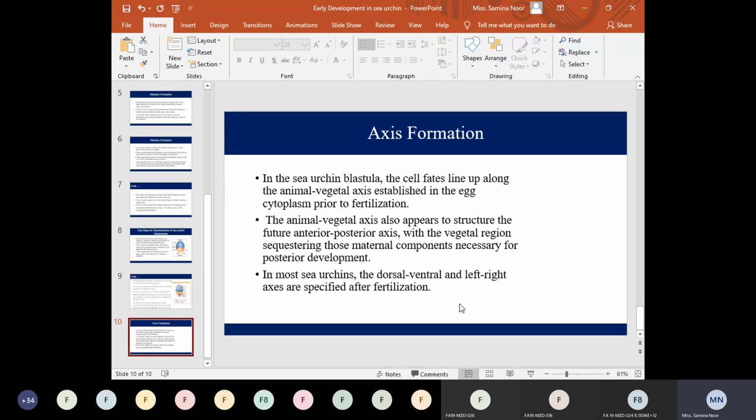Okay, and such determinant molecules are also known as patterning molecules, or cell fate determining molecules. Such fate determining molecules are a special kind of proteins. So such molecules are distributed as a result of cleavage division into different cells.